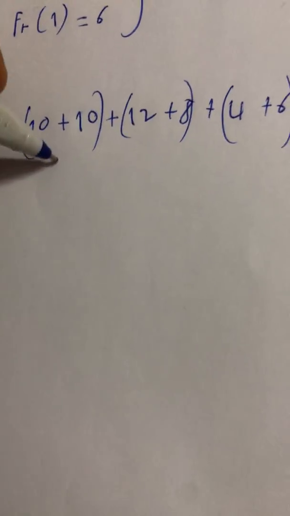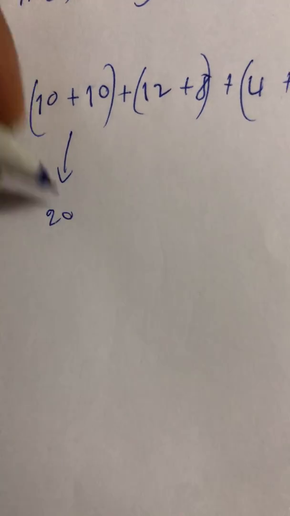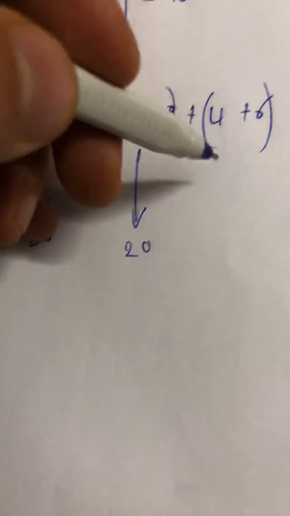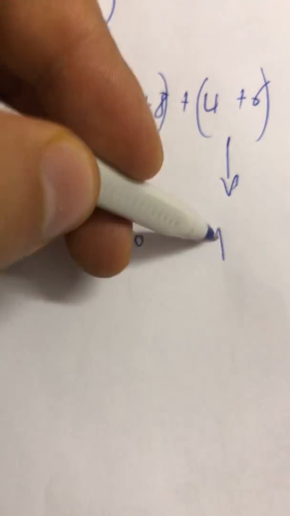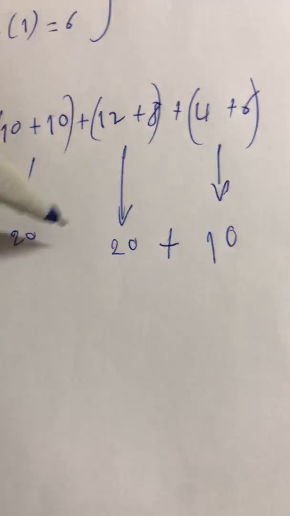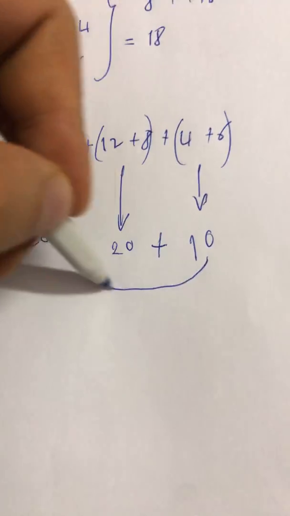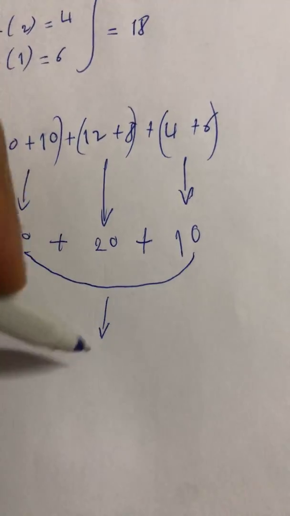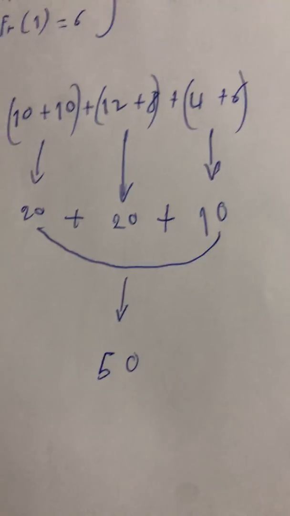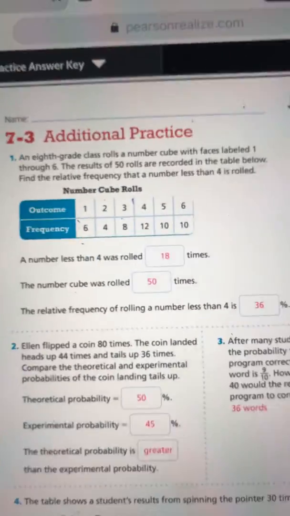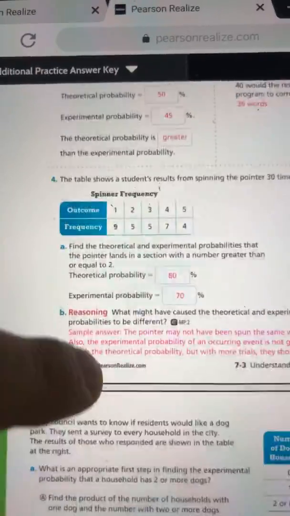So here we have 20, this also gives 20, 12 plus 8 is 20, and 6 plus 4 gives 10. When I add them, 20 plus 20 is 40, 40 plus 10 gives 50. This is the result, 50. Okay, now we move to the next page.